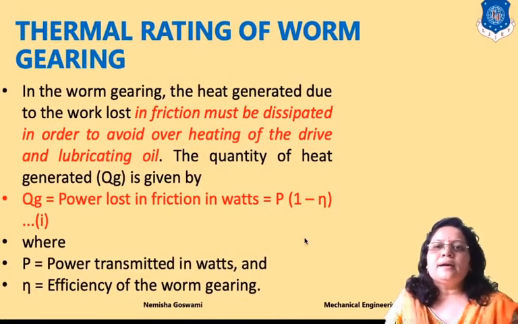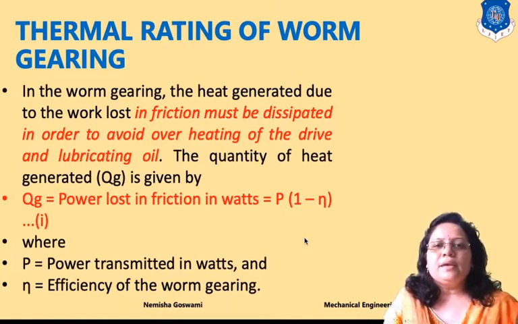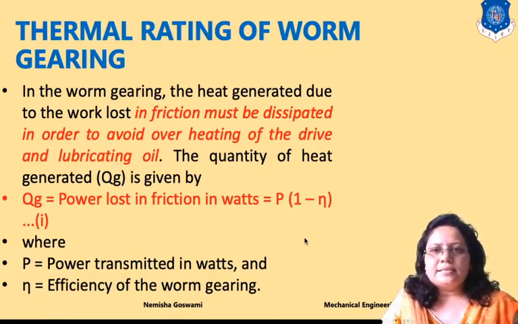Next is the thermal rating of the worm gear. This is also very important, because when we use a gear, power may be dissipated due to the temperature of the lubricant used inside the bearing, or there may be a loss of power due to friction and other reasons. So heat is generated due to the work lost.